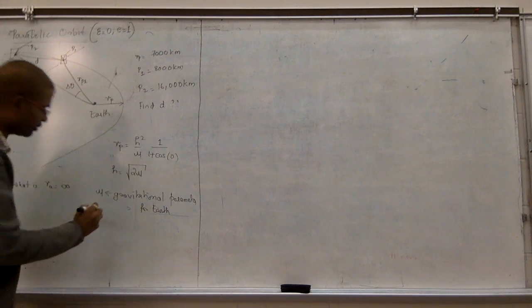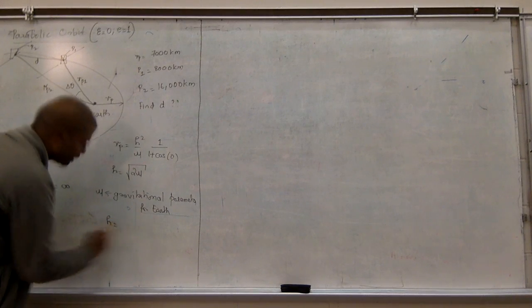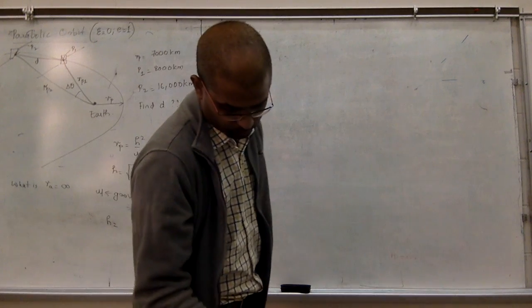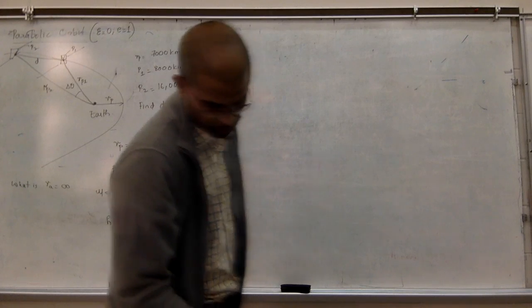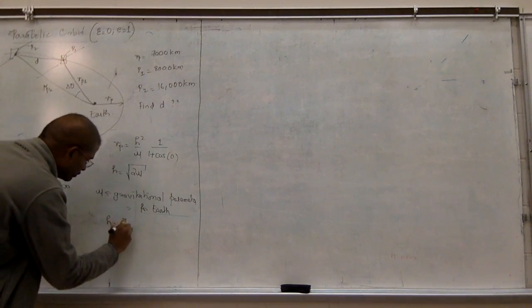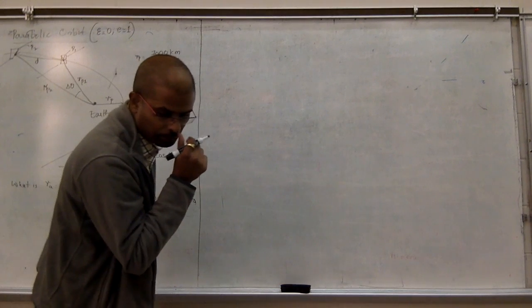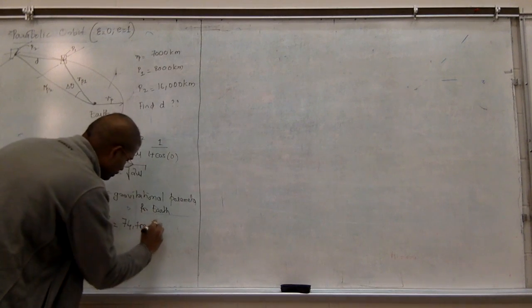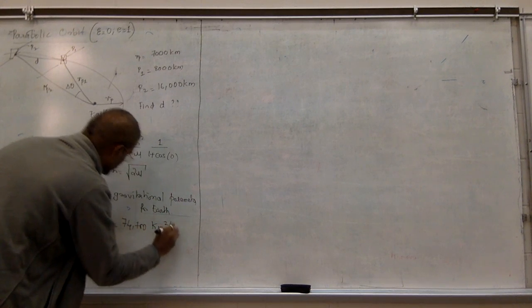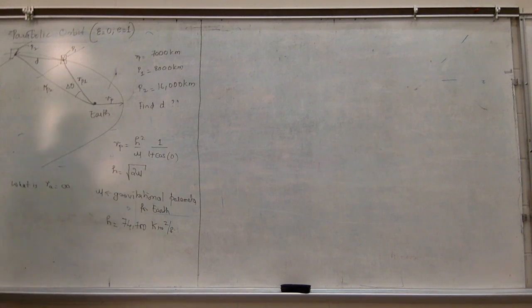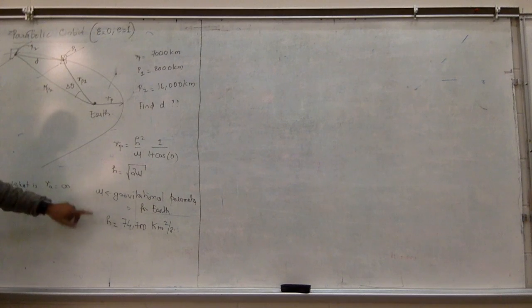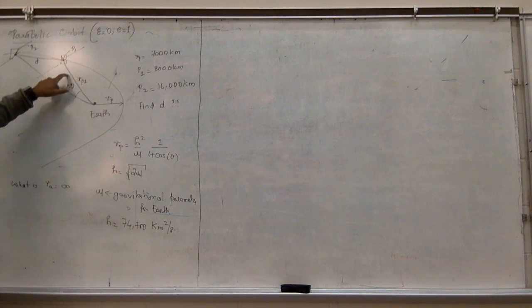From that you calculate h. Now what do you know about this h? It's a constant. Regardless of where the satellite is, h is constant here, h is constant here. That is what you need to know.